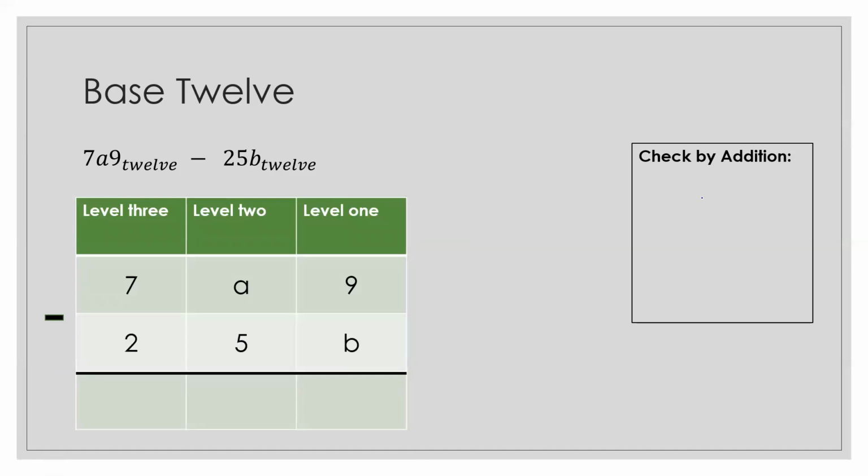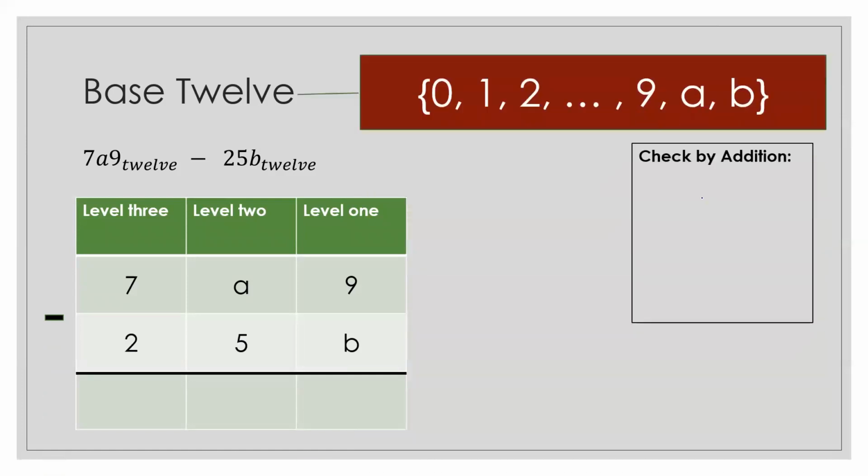Okay, so remind ourselves now, numerals in base 12 are 0 to 9. Then I don't have enough, so I have to add on A and B. A is 1 more than 9, and B is 1 more than A. B is the highest. 1 more than B is going to get you to 1, 0. And that's how base 12 works.